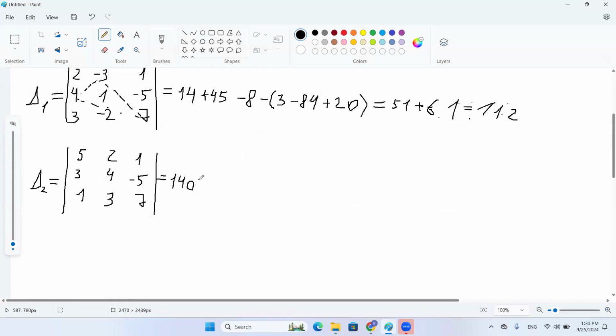Then plus 9, minus 10, minus 4, then plus 75.